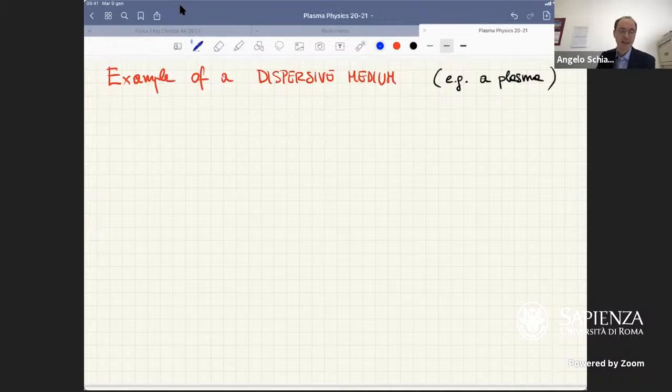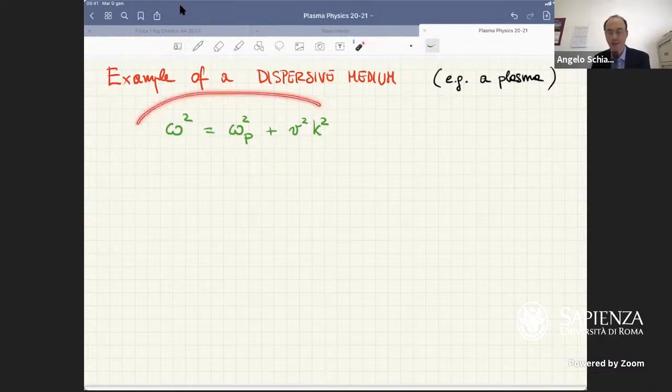Our dispersion relation is omega squared equals omega_p squared, which is going to be the plasma frequency, for instance, in the plasma, plus v squared k squared. So as you see, this is a dispersion relation written as a function of the square of both omega and k.